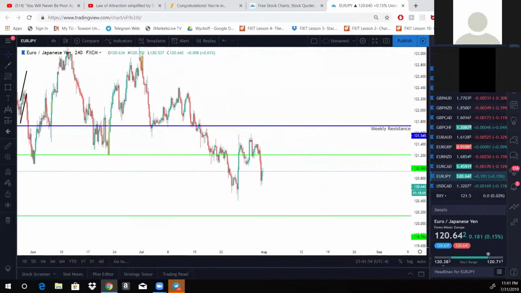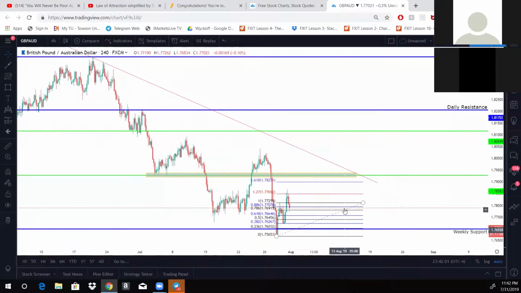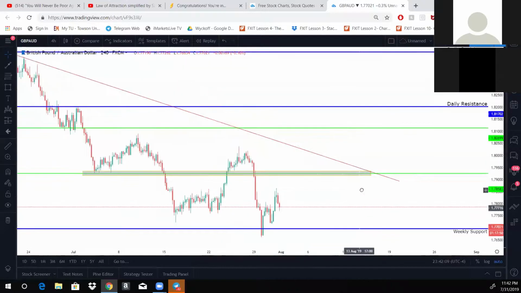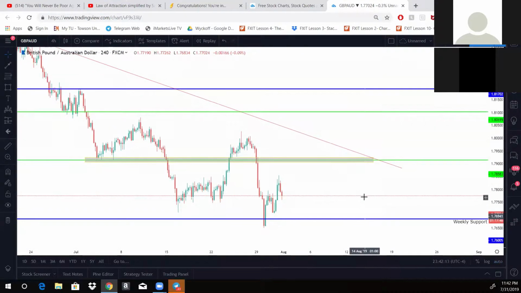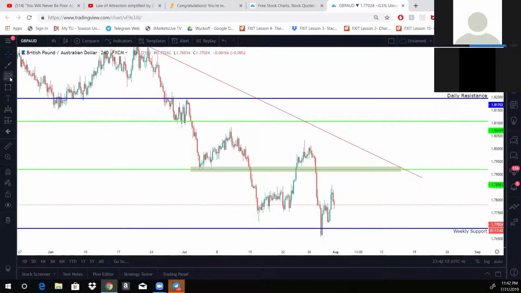You can look at this on pretty much any pair. Let's see what GA did. Okay, let's remove this. Okay, GA rejected weekly support. It's 4-hour. All right, so here we go.